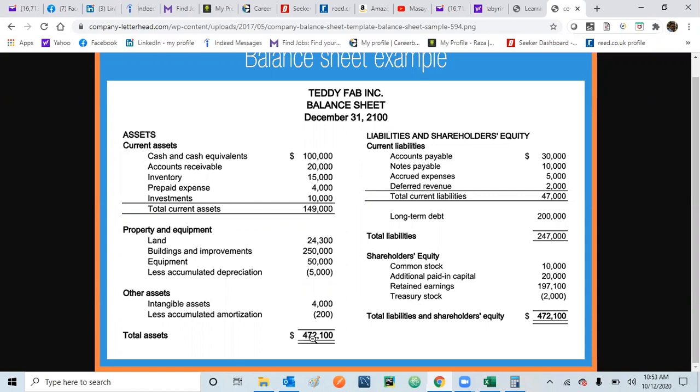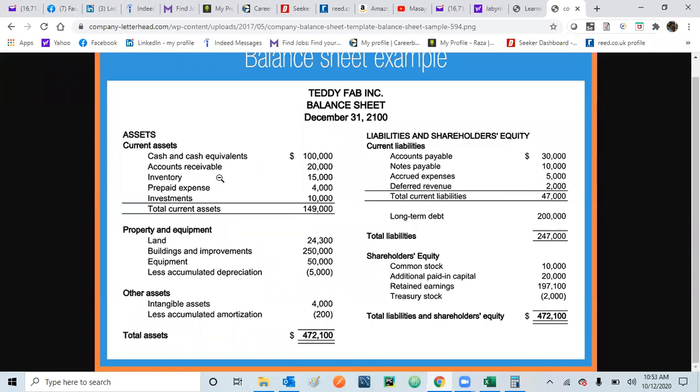Always remember, just to give you the idea, whenever you are increasing the assets in the accounting, you are debiting your assets. So whenever there is an increase in the assets, you will always have it on the debit side.